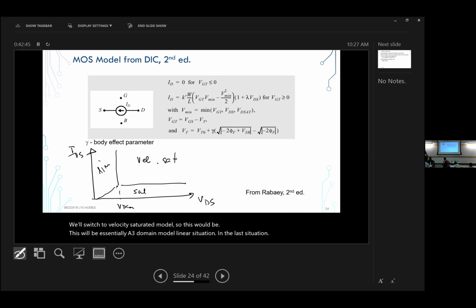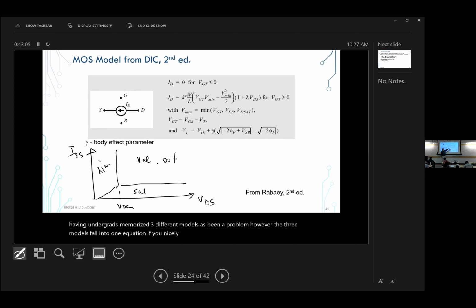So this worked okay, but it has a few problems. First, it's kind of cumbersome to handle three different models. You know, having undergrads memorize three different models has been a problem. However, the three models fall into one equation if you nicely budget.